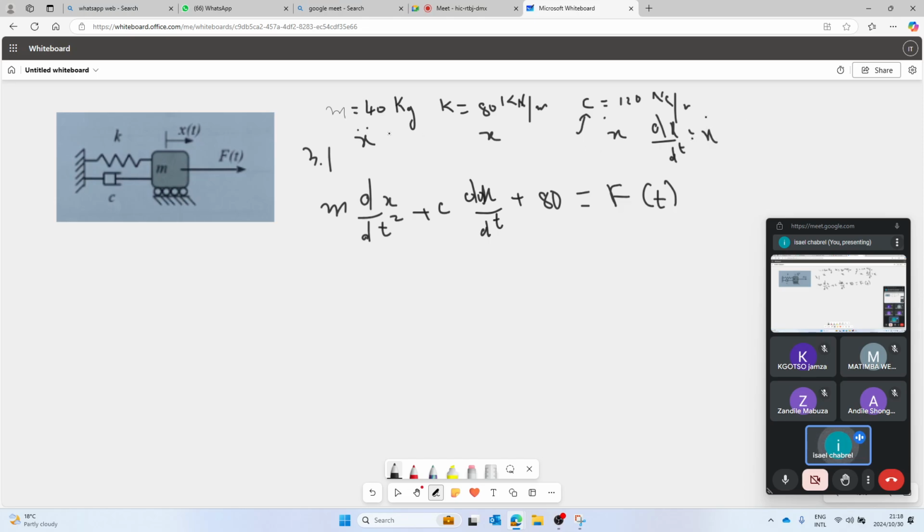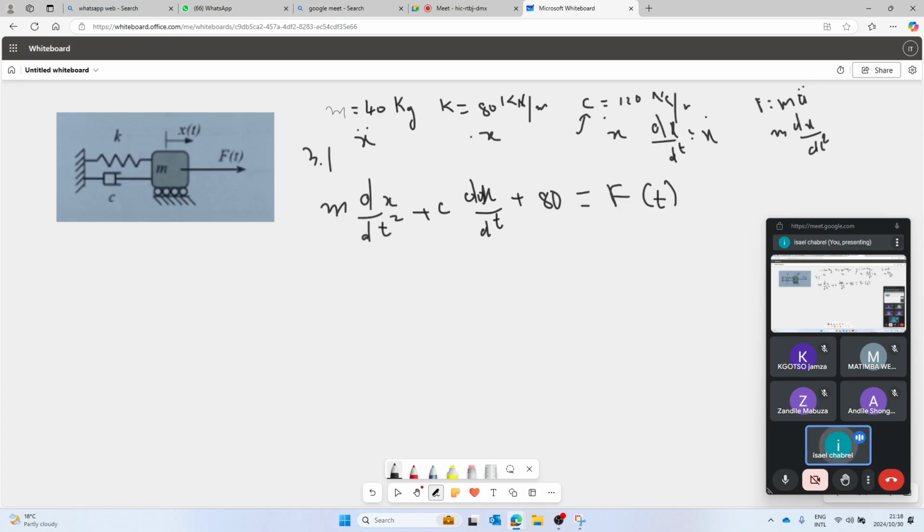If you know that you have a mass, remember, when we do Newton's first law, we say F is equal to mass times acceleration. Because of that, the mass will be going with d squared x over dt squared. You differentiate x twice, you get the acceleration. That's why the mass goes with d squared x over dt squared and the damper goes with dx/dt.